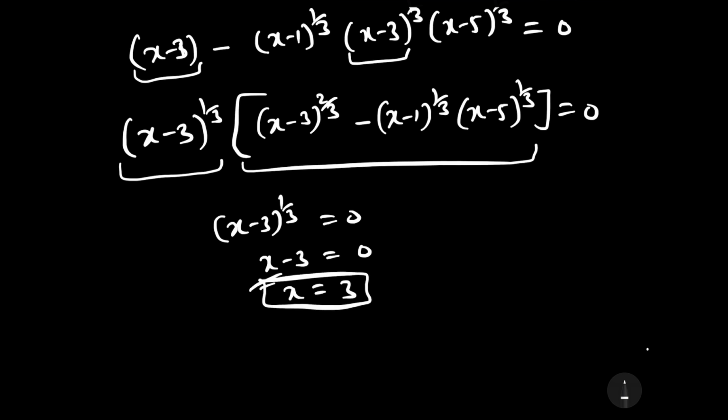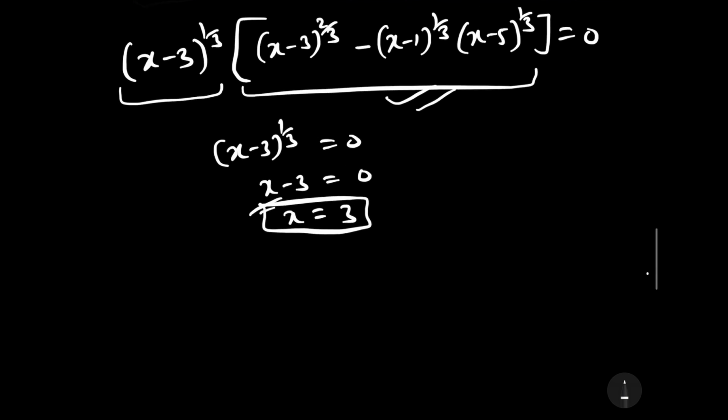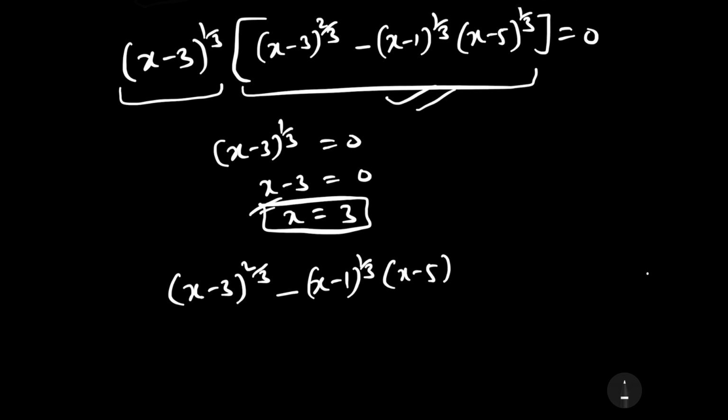Now, let us put this other term equal to 0. Then we will have (x minus 3)^(2/3) minus (x minus 1)^(1/3) into (x minus 5)^(1/3) is equal to 0.